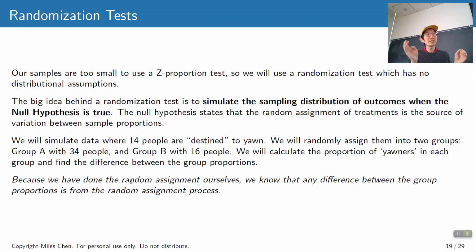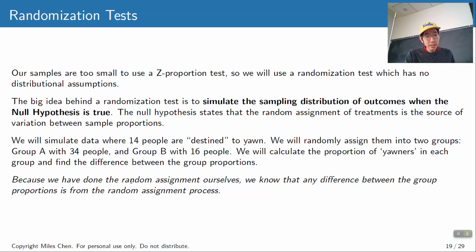We just shuffled these things up and put some into group A and some into group B. So if we do observe a difference between group A and group B, we know that difference is because of the random assignment process and no other source of variation. So we want to see what could happen if the null hypothesis were true and the only source of randomness is the random assignment process, okay?